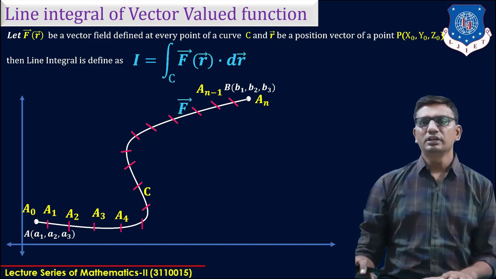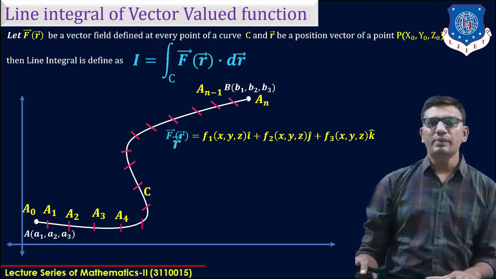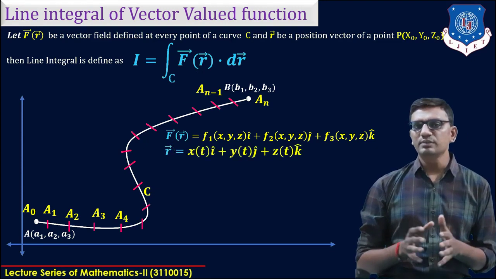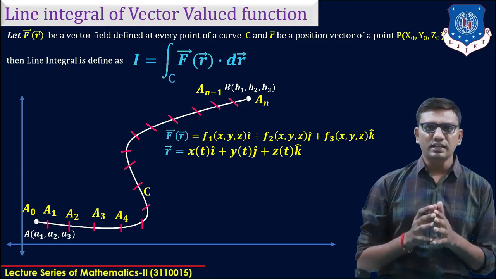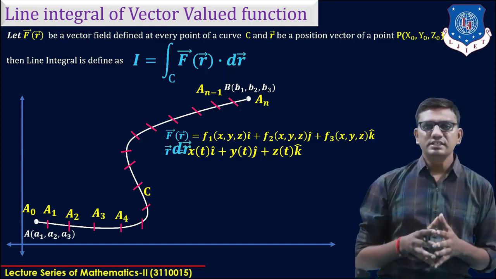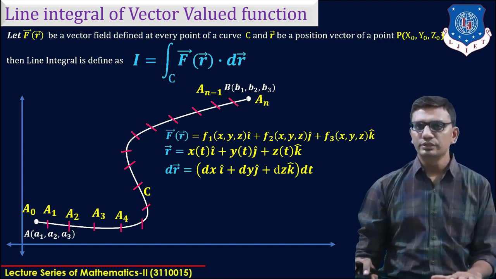Here f bar is a vector valued function given by f1(x,y,z) i caret plus f2(x,y,z) j caret plus f3(x,y,z) k caret, where f1, f2 and f3 are scalar functions. If r bar is in parametric form, then it is given by x(t) i caret plus y(t) j caret plus z(t) k caret. Then dr bar is calculated like this: dx i caret plus dy j caret plus dz k caret, into dt.